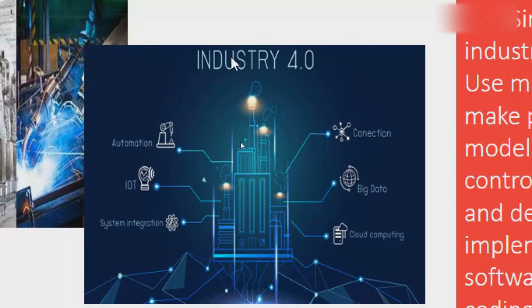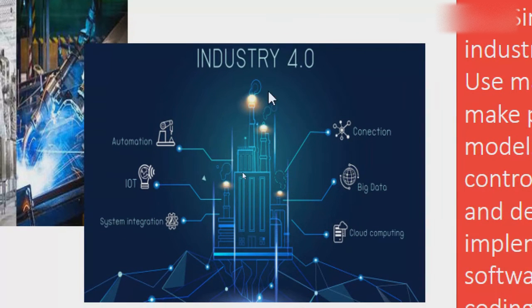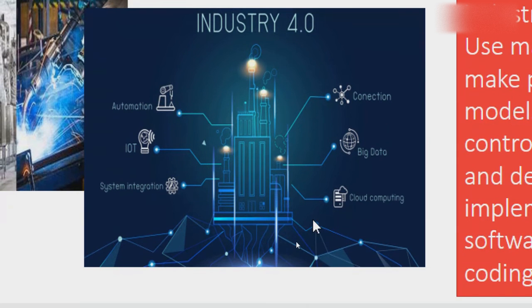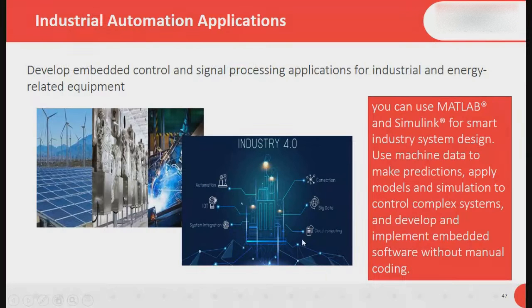So all these things are available in MATLAB to design Industry 4.0 also. More we will discuss about digital twin, which is used here. We will discuss. So here you can use MATLAB and Simulink for a smart industry system design.